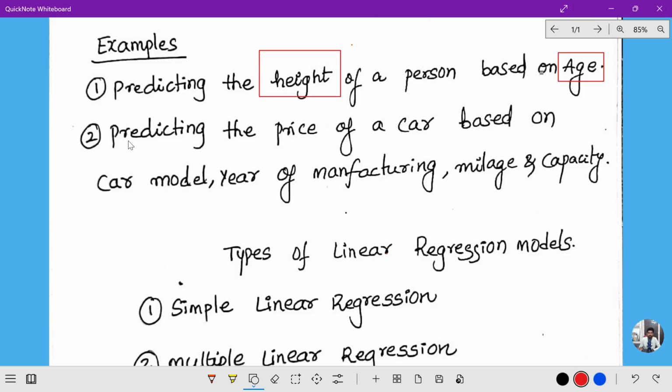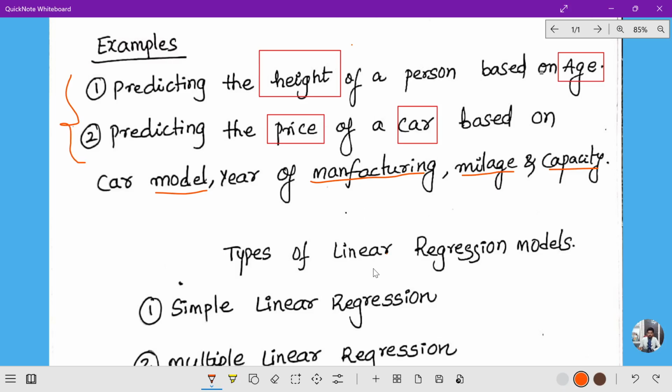The second one is predicting the price of a car based on car model, year of manufacturing, mileage and capacity. These are perfect examples of linear regression.